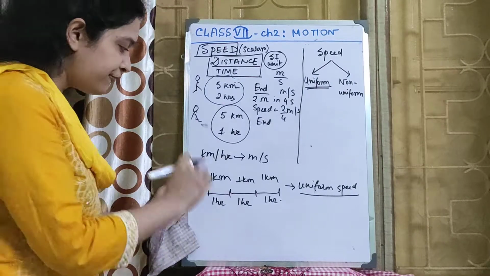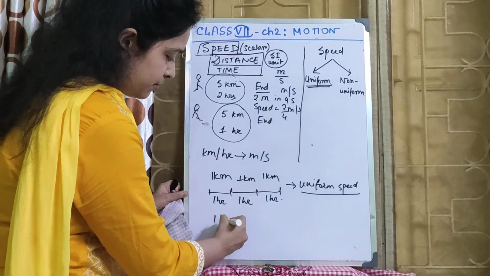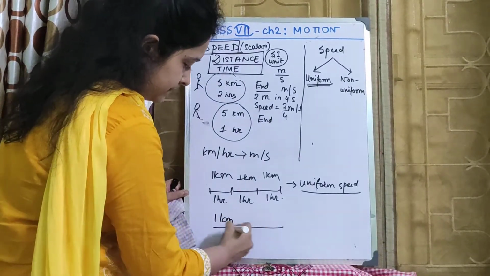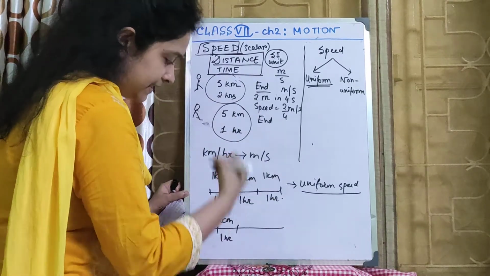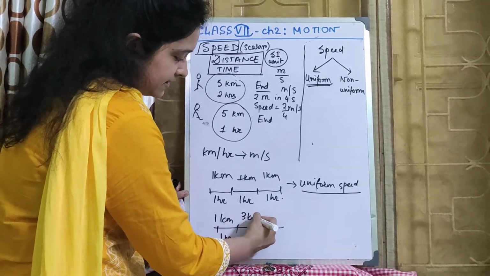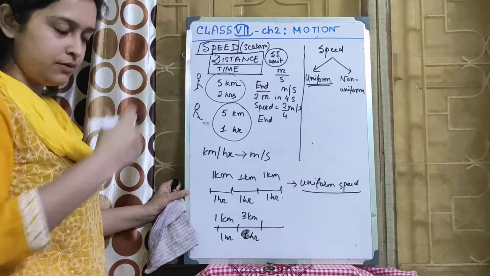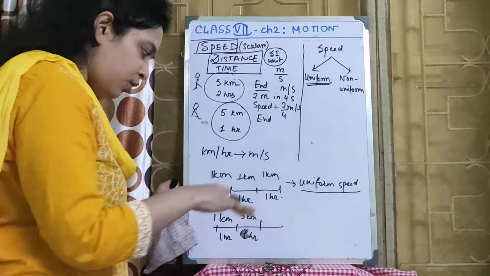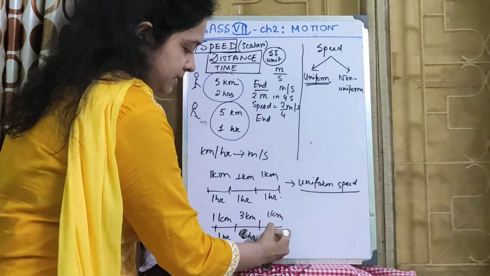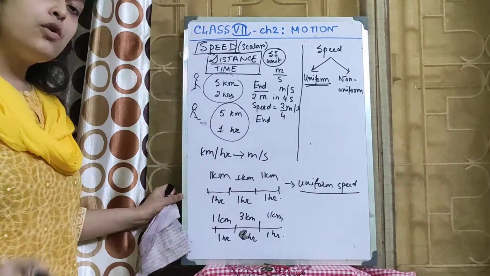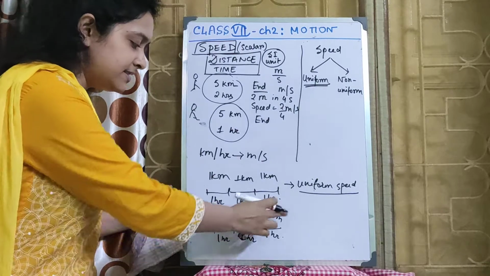But if you travel 1 kilometer in the first 1 hour, again say 3 kilometers in the second hour, that means in the next 1 hour you become fast, and again you become slow and cover 1 kilometer in the next 1 hour. So, are you covering equal distances?